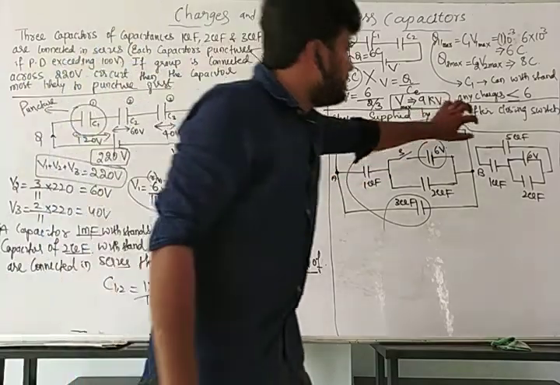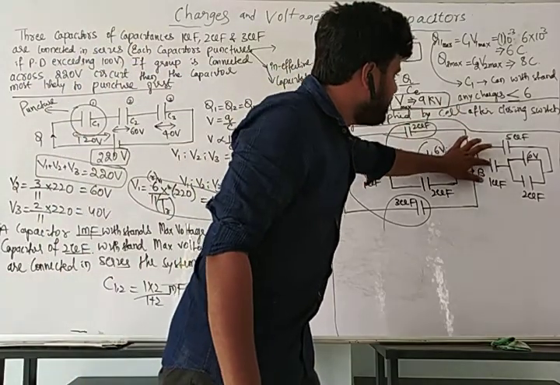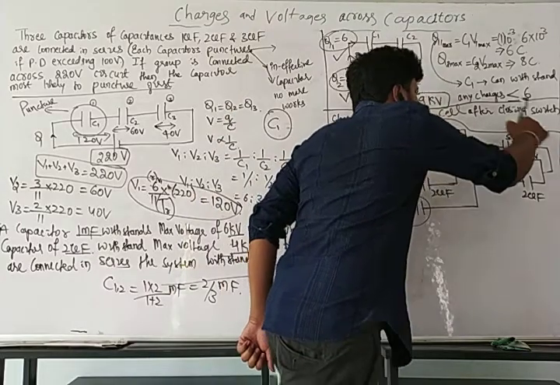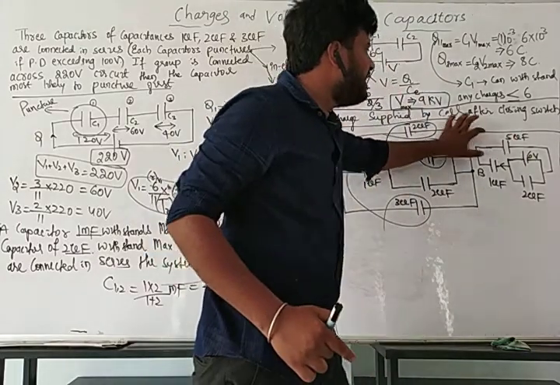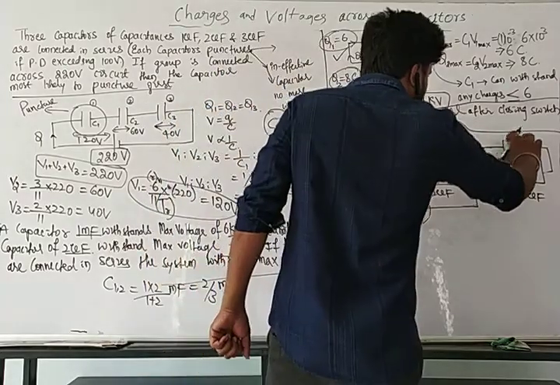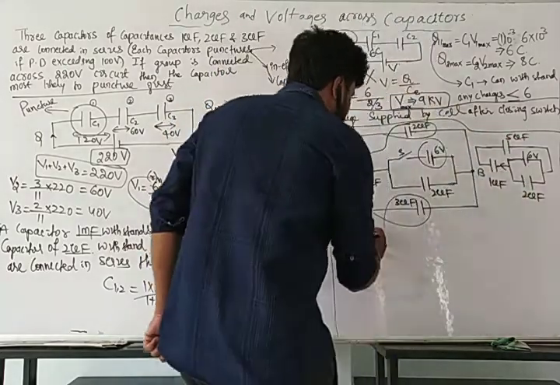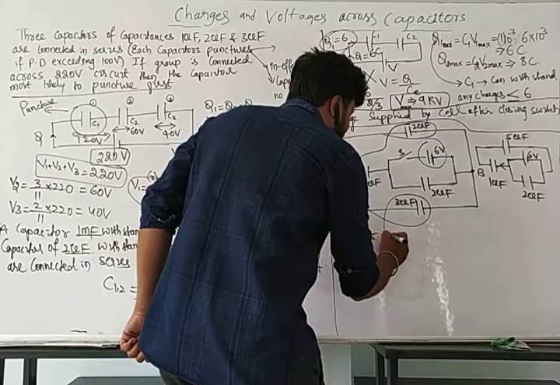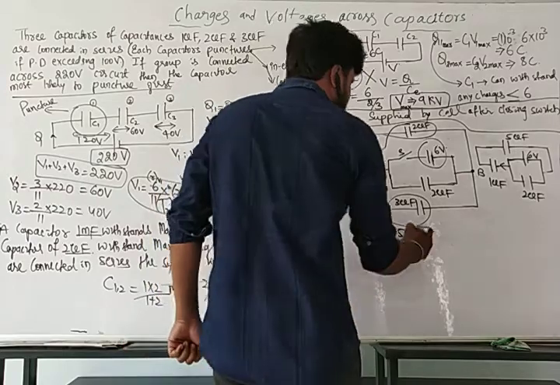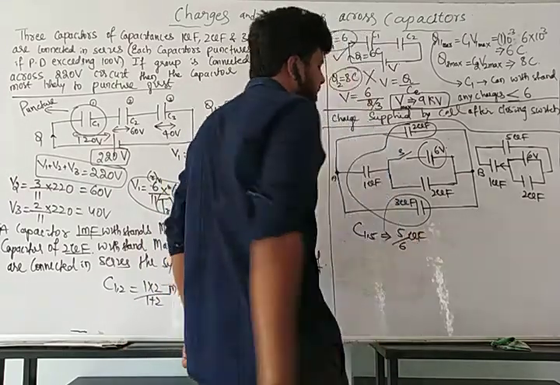Now these two, 1 and 5, the same charge has to flow here. They are in series. So the series equivalent capacitance of 5 and 1: CE for 1 and 5, I can write this as 1 into 5 by 5 plus 1, that is 5 by 6 microfarad.